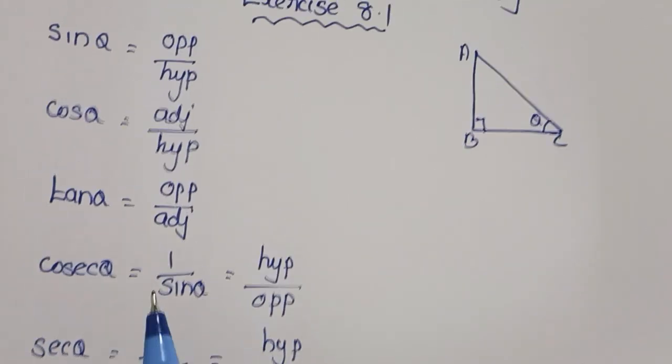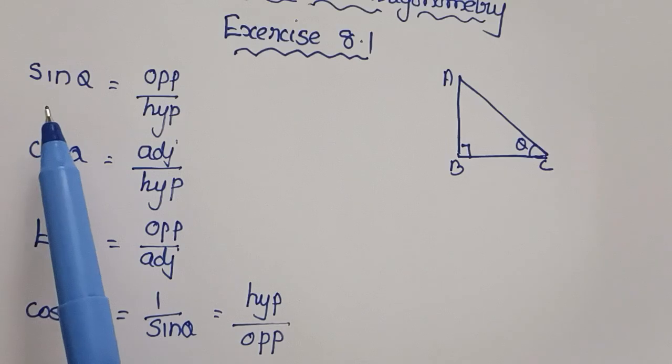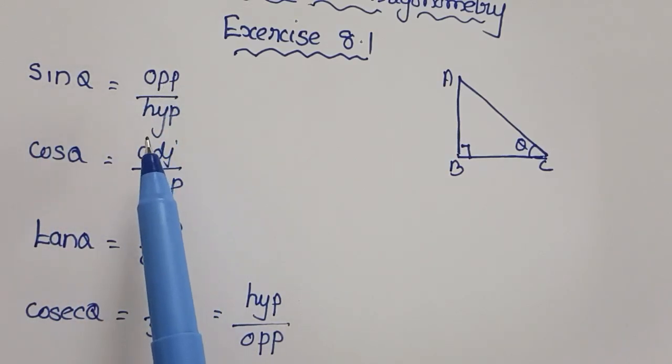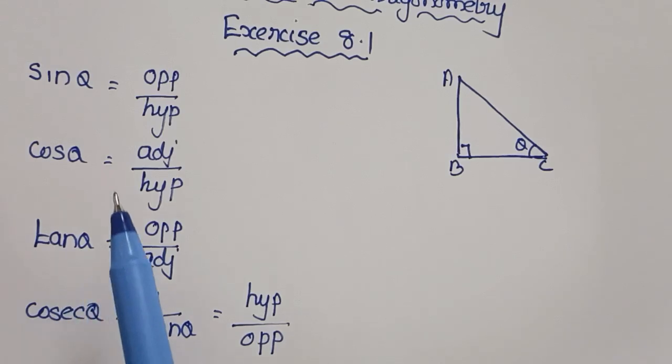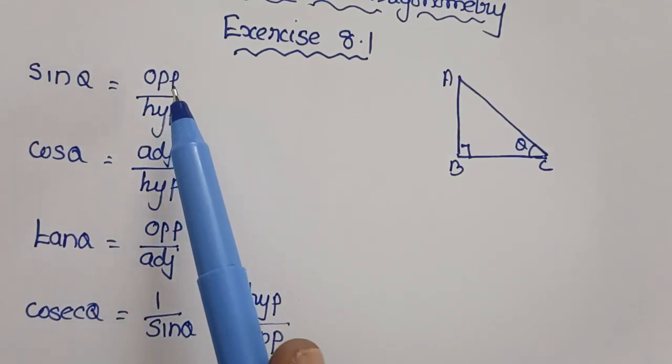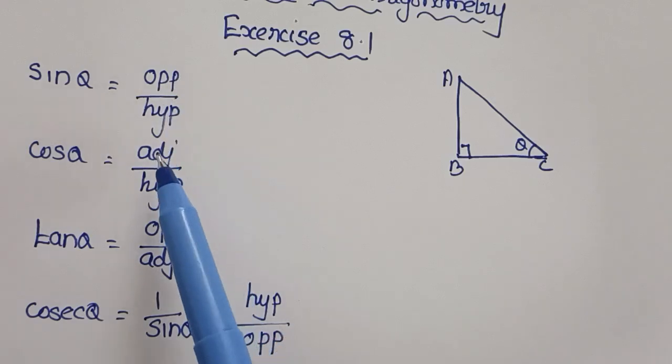Once again, sin theta equals opposite by hypotenuse. Cos theta is adjacent by hypotenuse. Tan theta means sin theta by cos theta, isn't it? Tan theta is sin theta by cos theta, opposite by adjacent. The hypotenuse gets cancelled, you get opposite by adjacent.